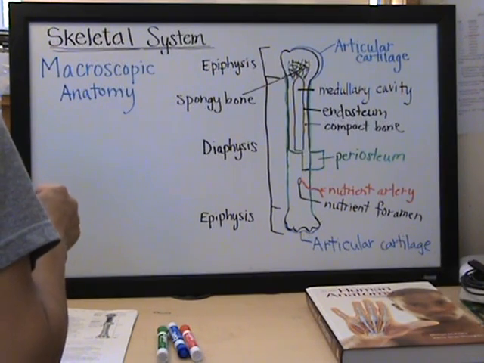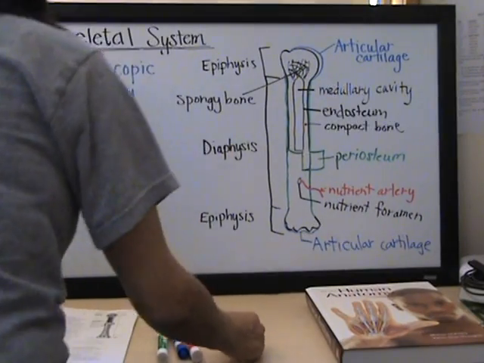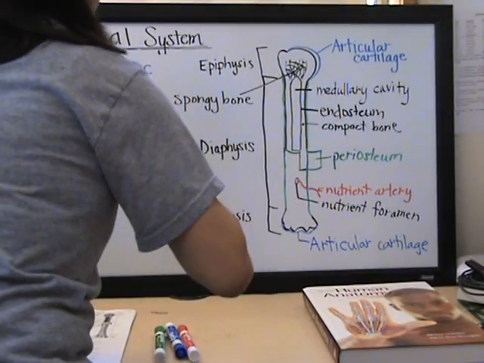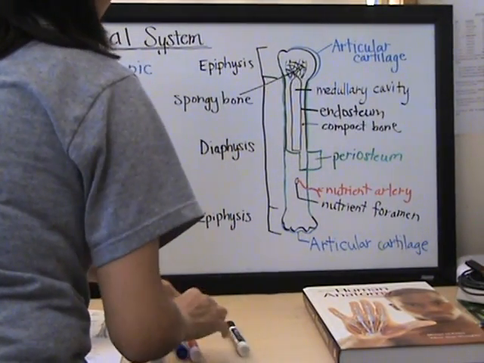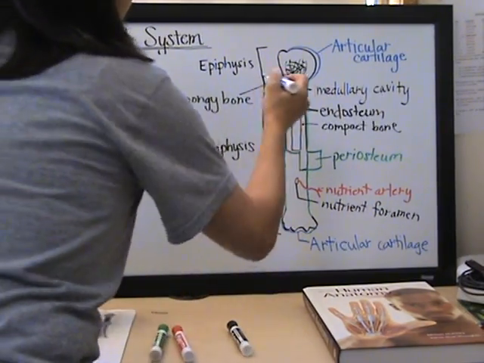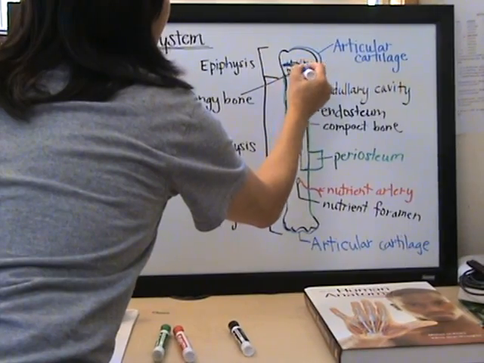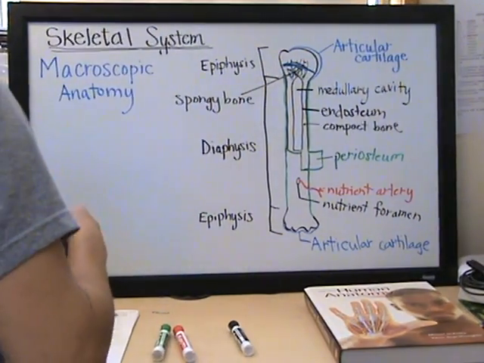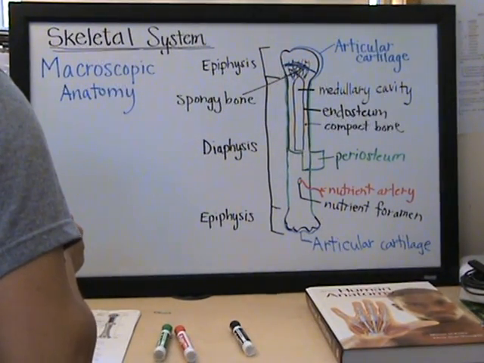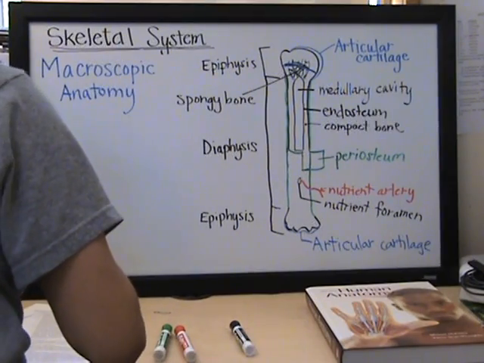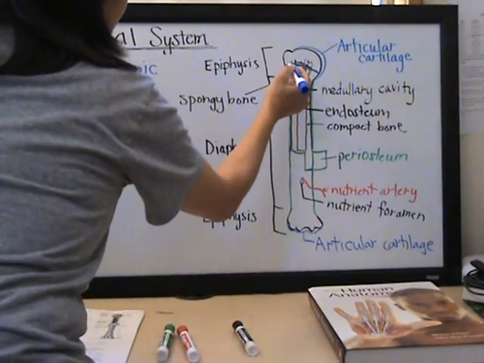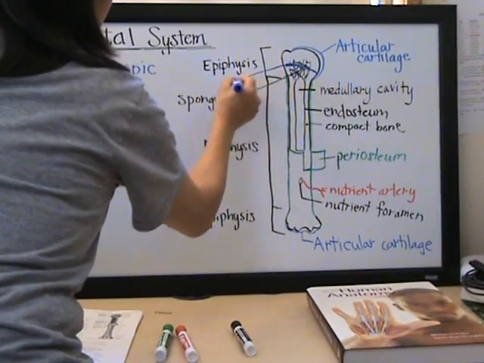Let's see. Okay, on the ends of the bone, maybe I'll make it a different color. We have a structure here in an adult bone.